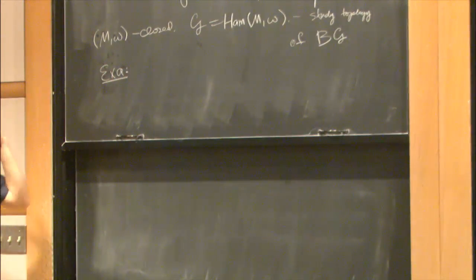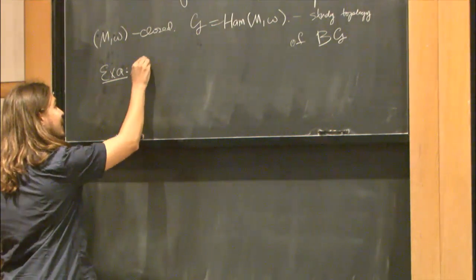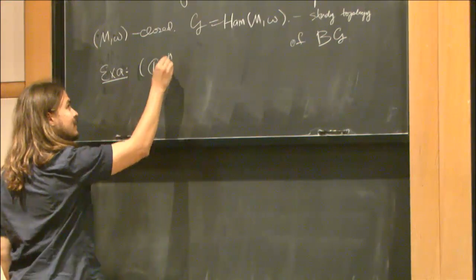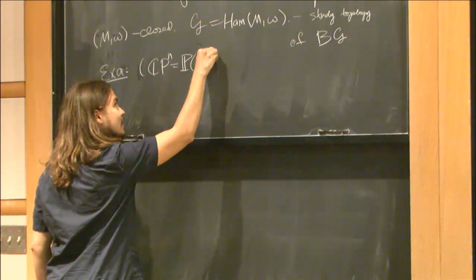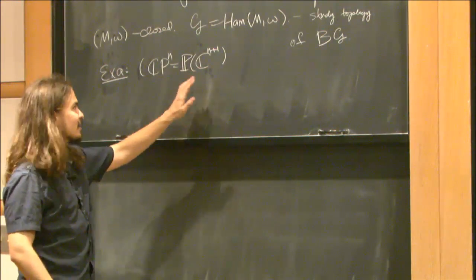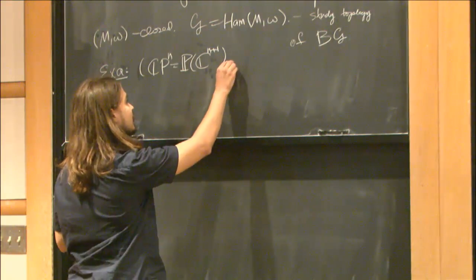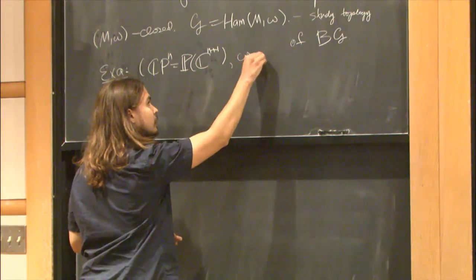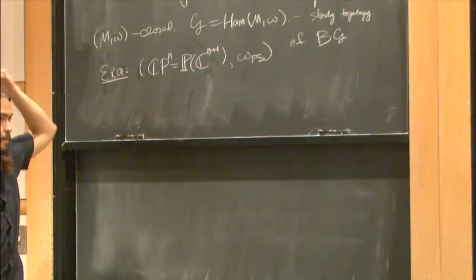Consider our favorite closed symplectic manifold, take CP^n, which is the projectivization of C^(n+1). I'm writing this for a reason. This n plus 1 will come back later many times. Give it the canonical symplectic structure, FS is for Fubini-Study. Okay?